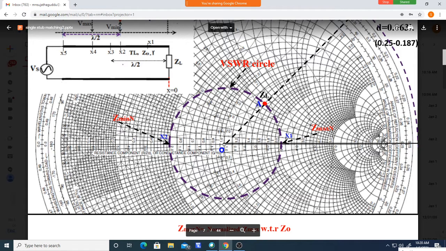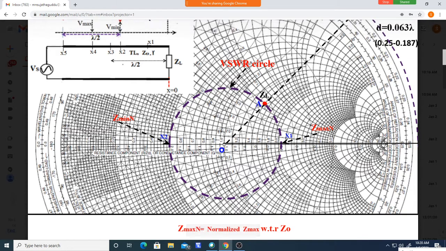Similarly, if they ask you to find at what distance the admittance real part is 1, you move like this, wherever the VSWR circle cuts the G is equal to 1 circle. It is cutting here. You read the admittance, G value and B value.